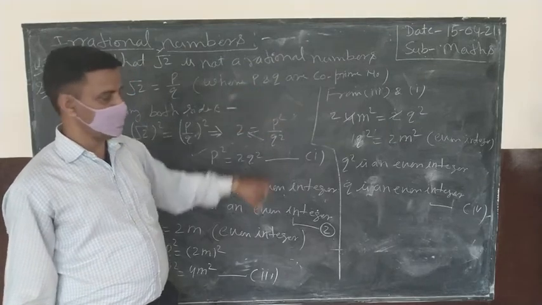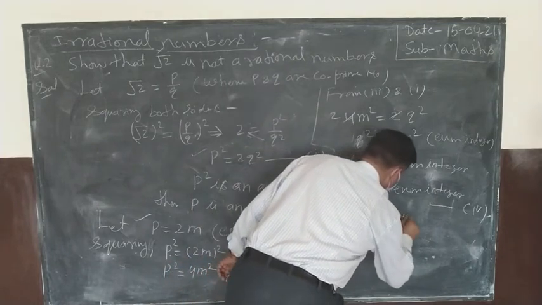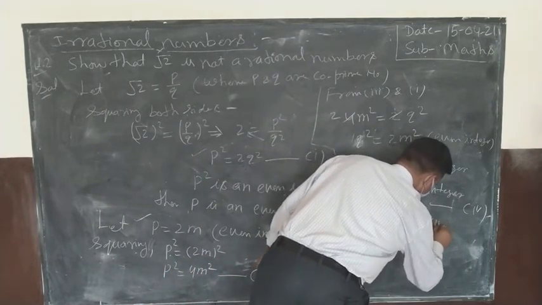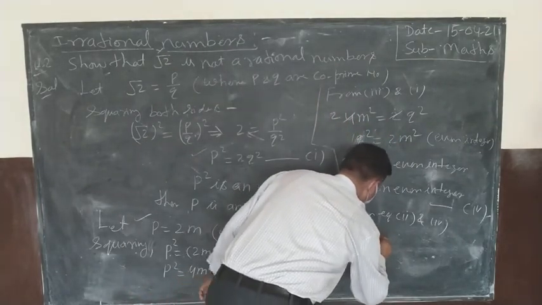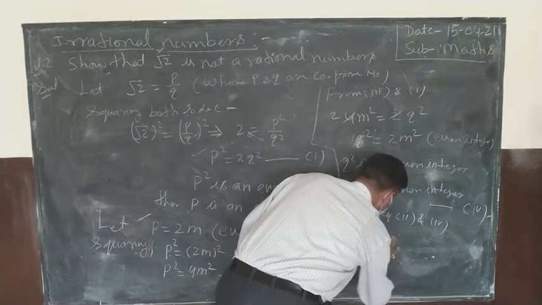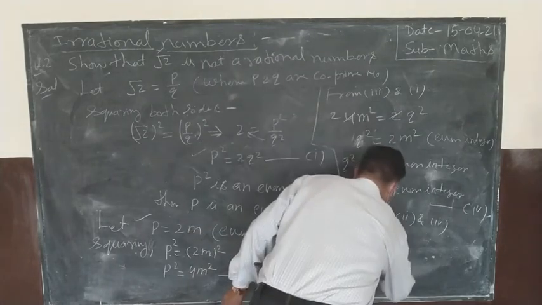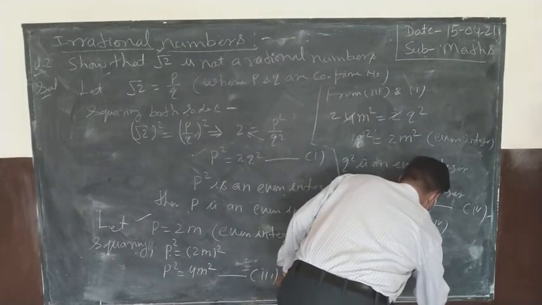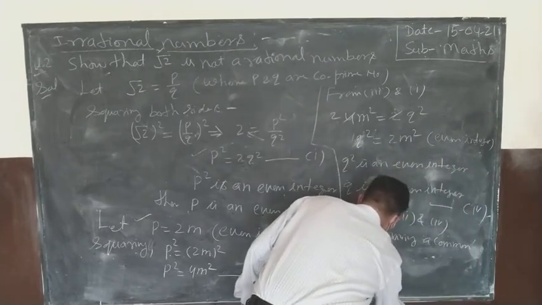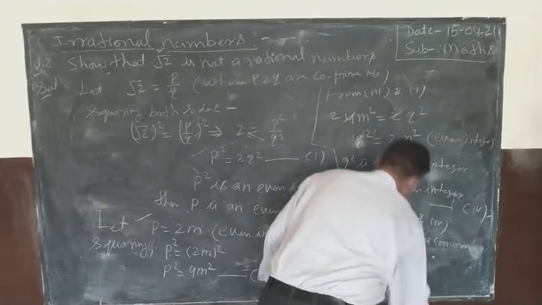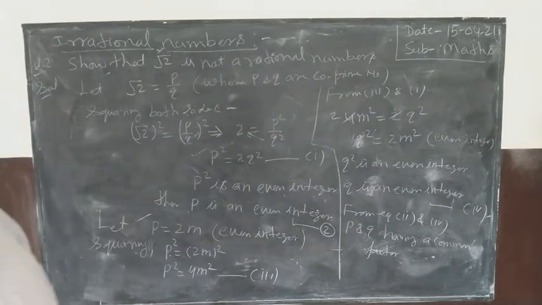From equation second and fourth, both p and q have a common factor. But this one contradicts.